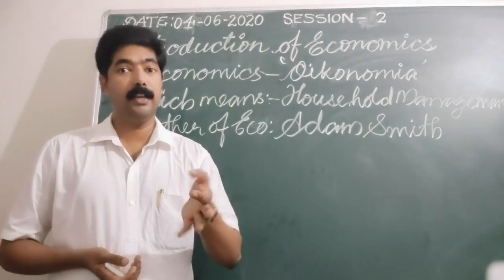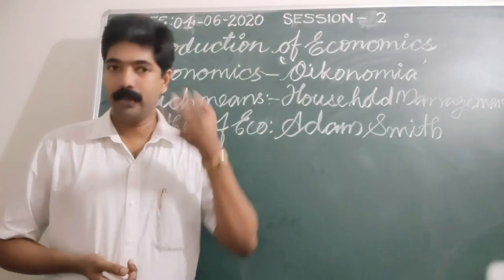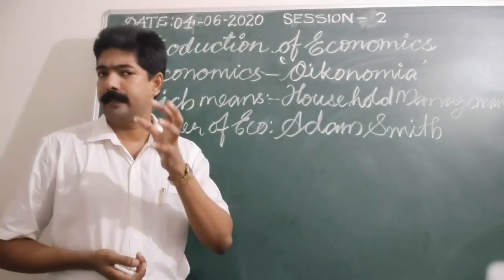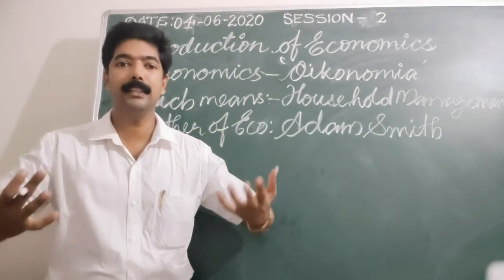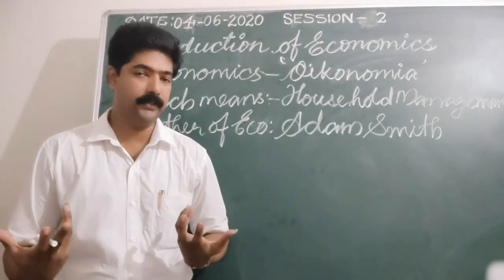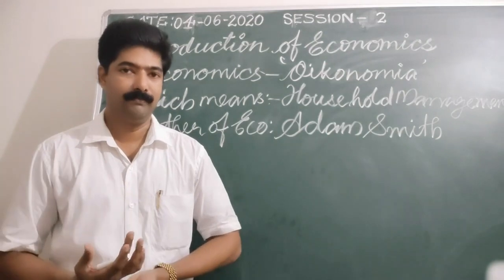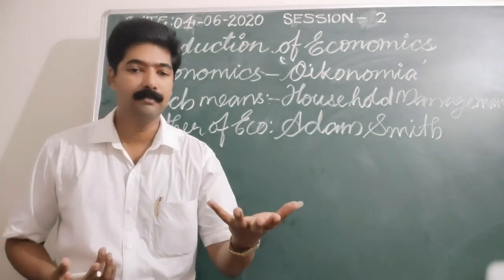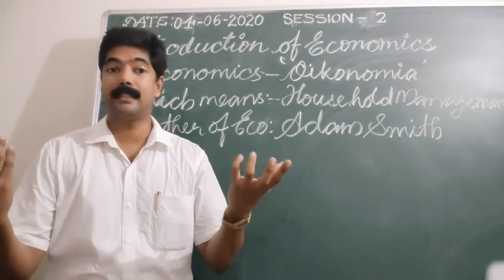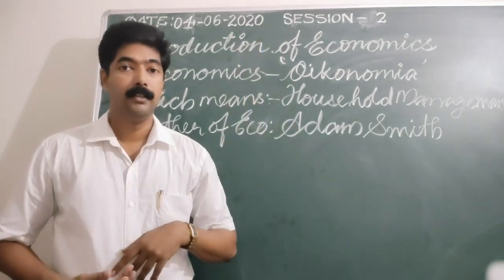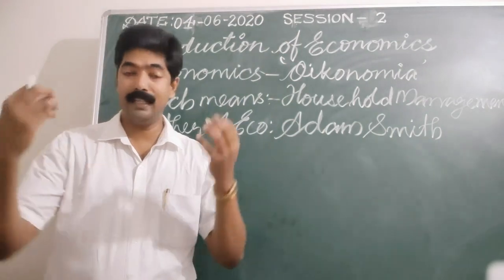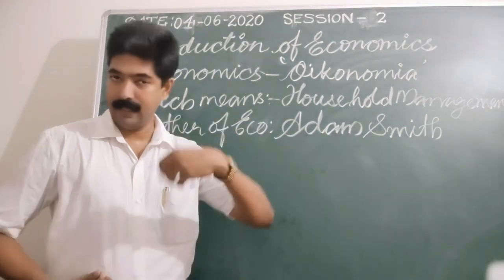In the last session I also reminded you to study the subject very deeply. Just observe the surroundings and ask yourselves many questions, then you get an answer. What are the questions? Who determines the price? Why do economic goods have prices? What is production? What is consumption?